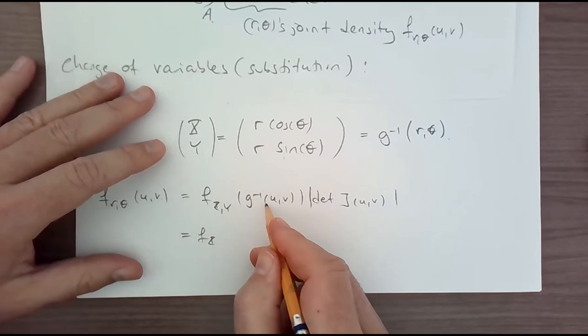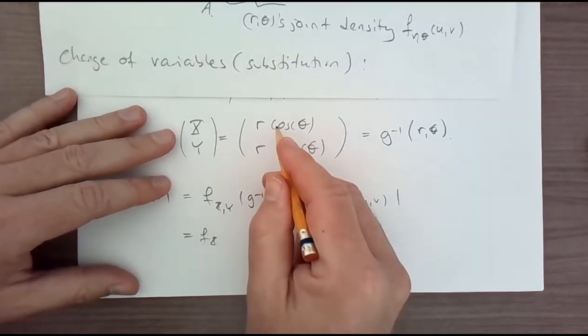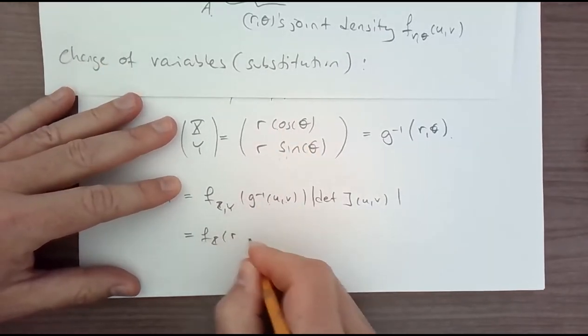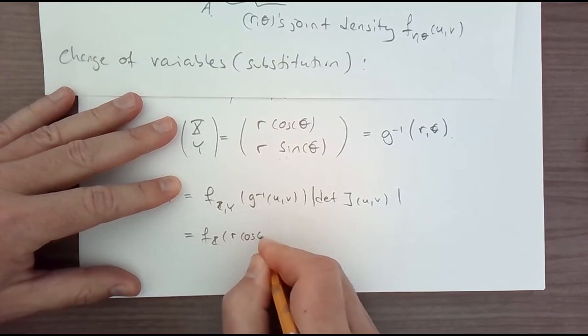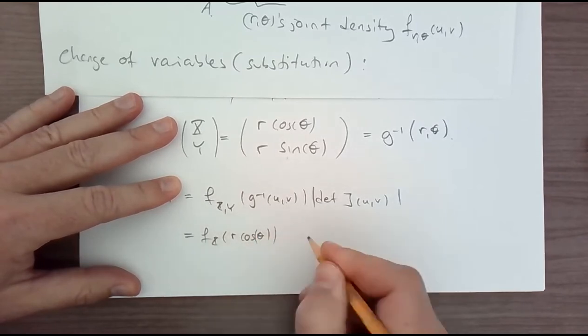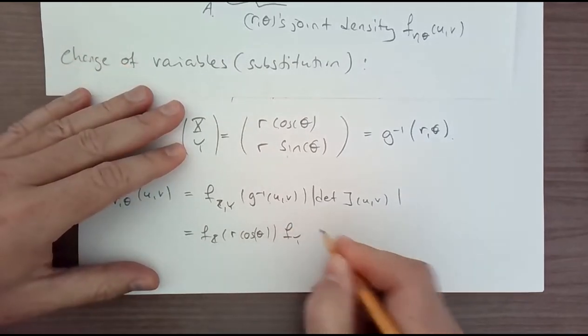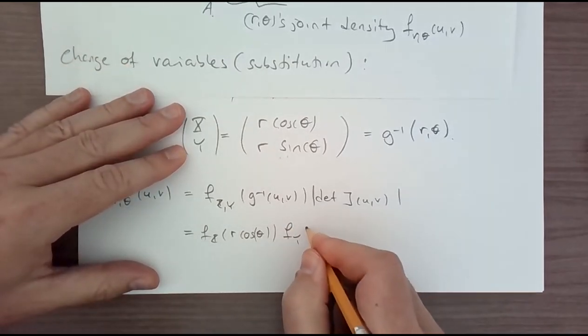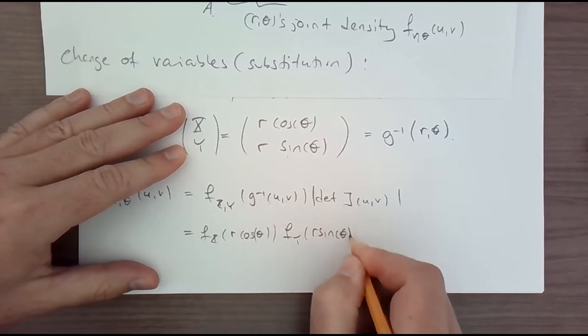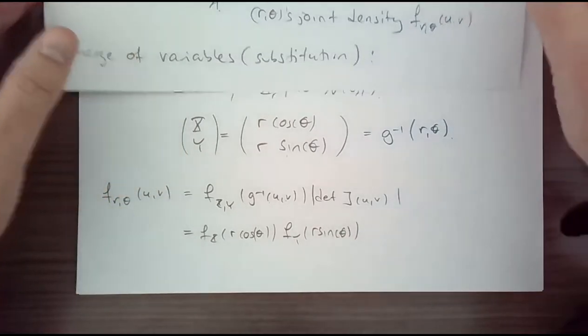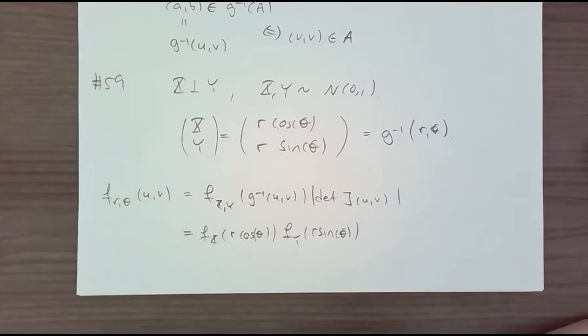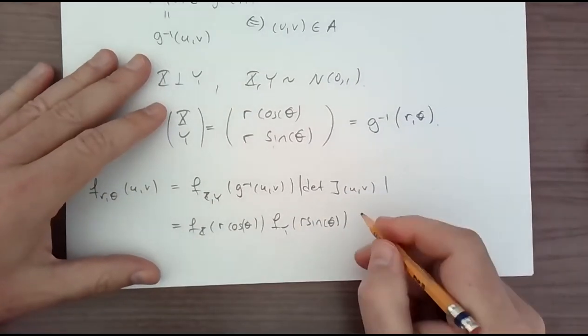So the first coordinate is r cos theta, then f of y of r sine theta. And then the determinant, that was the one we got from Wikipedia, or we can compute it ourselves.